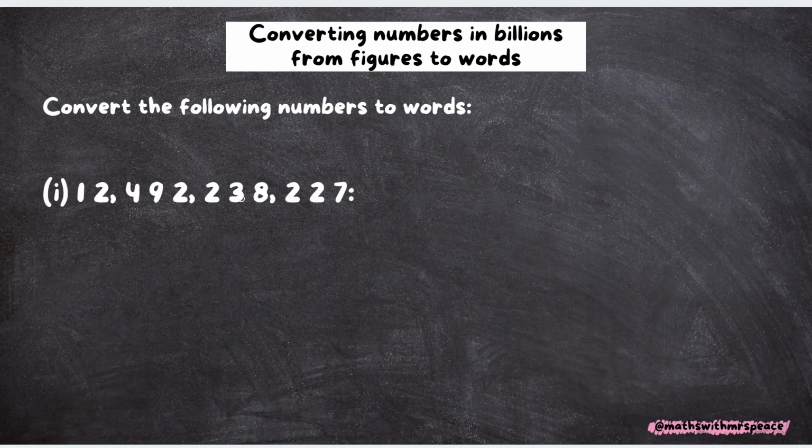We can notice that every number here before the commas are in groups of threes. This number is 227. This is 238. This is 492. These are the 9 digits that come before the place value billion.